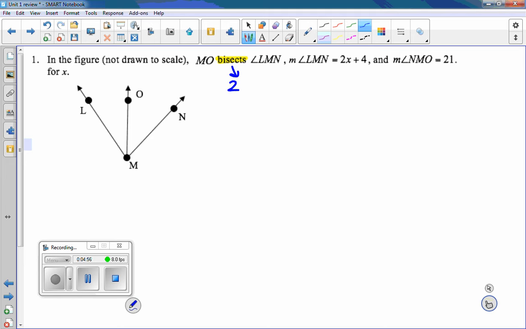So you're cutting it into 2 equal parts, or because we're talking about angles here, 2 equal angles. So if you notice, MO is the bisector. So it cuts the big angle into 2 equal angles. That's what you had to know for this.